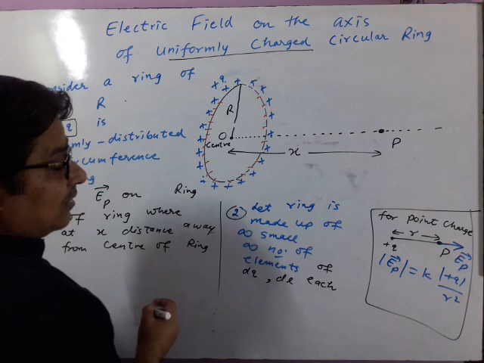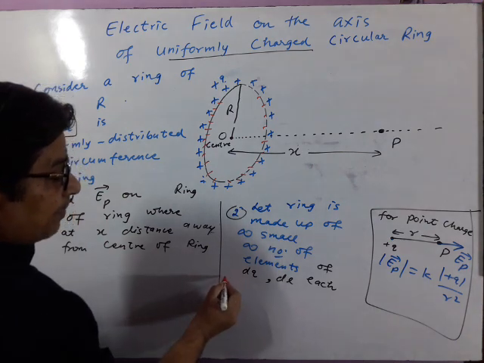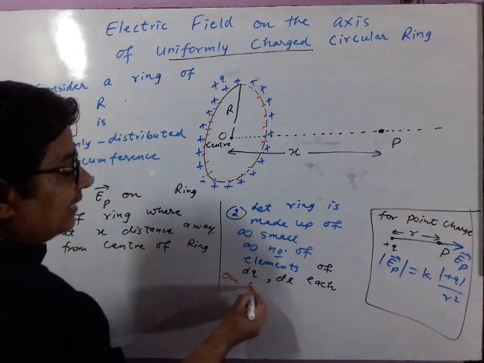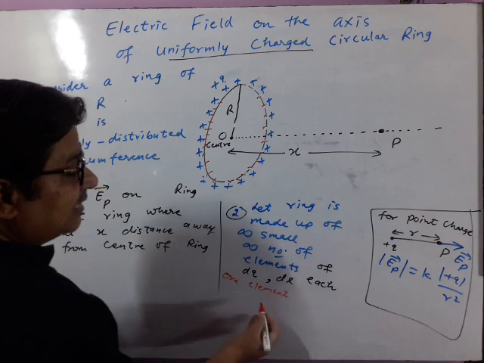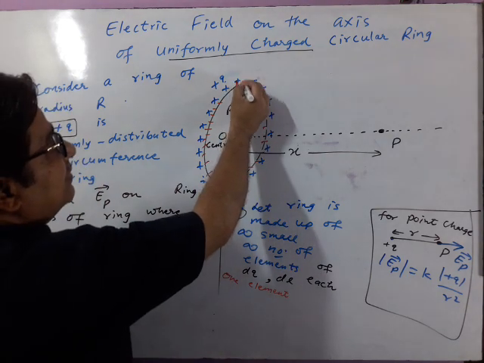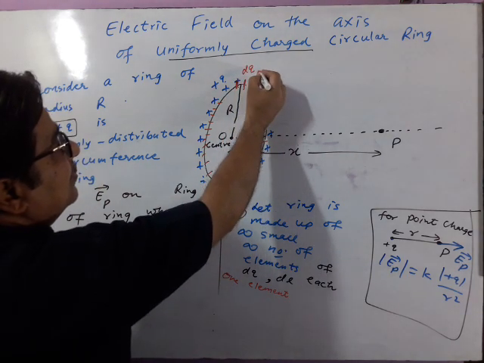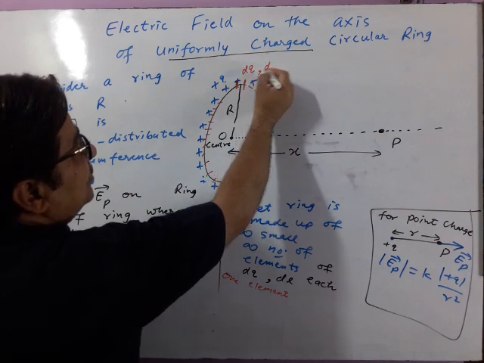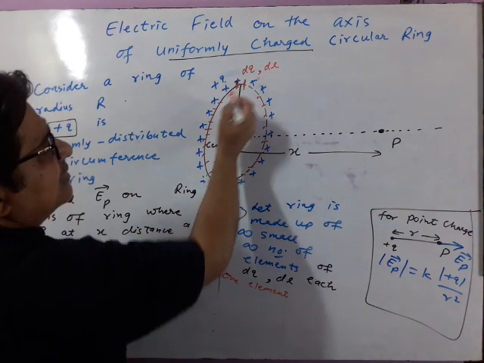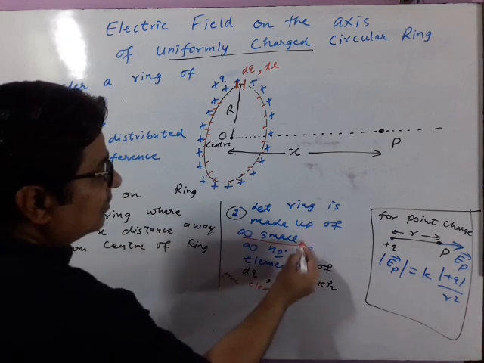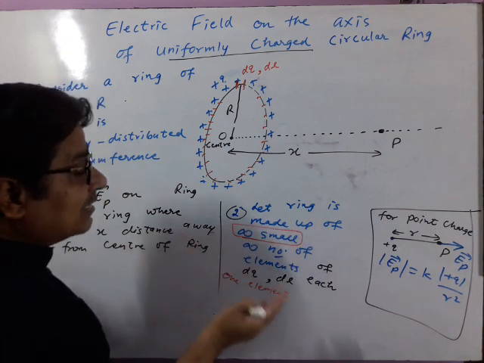Why? Because one element, let us say this is one element considered, having charge dq and having length dl, is infinitely small.